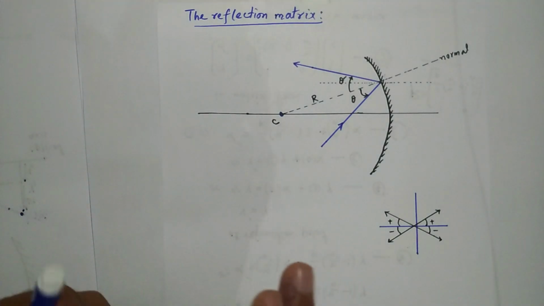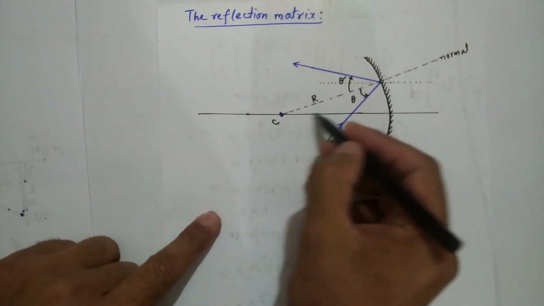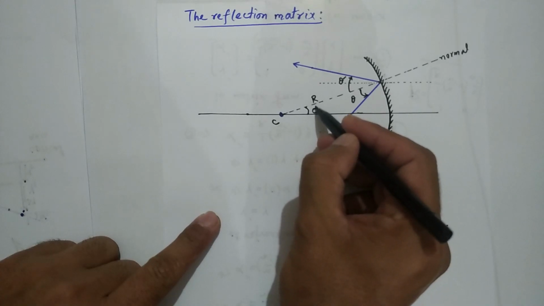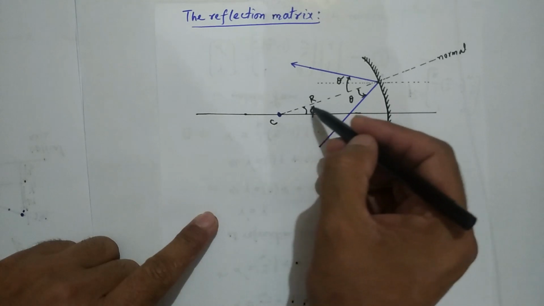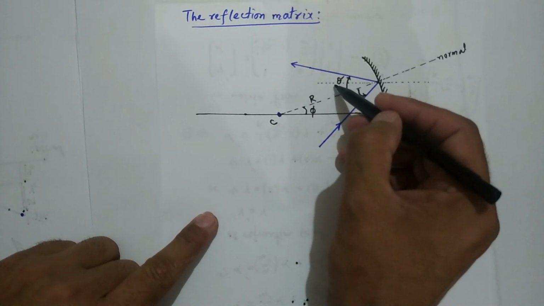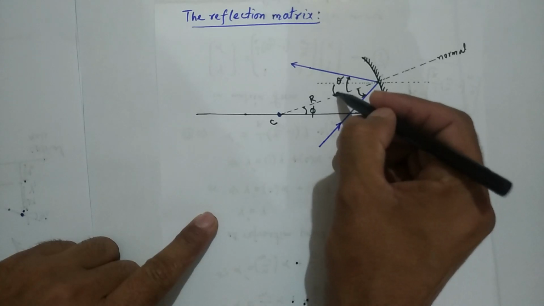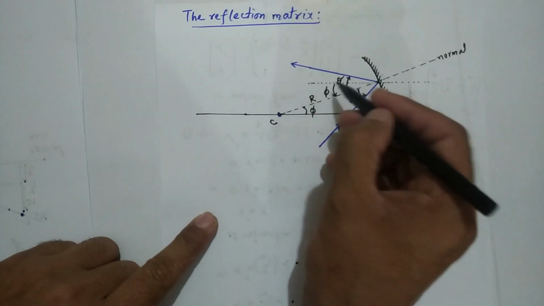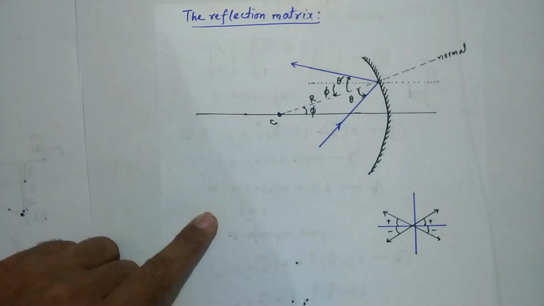Similarly, the angle of the normal with the optical axis, let's suppose this angle is phi. So if this angle is phi, this angle should also be phi, because we have considered an optical axis, which is shown by the dashed line here.